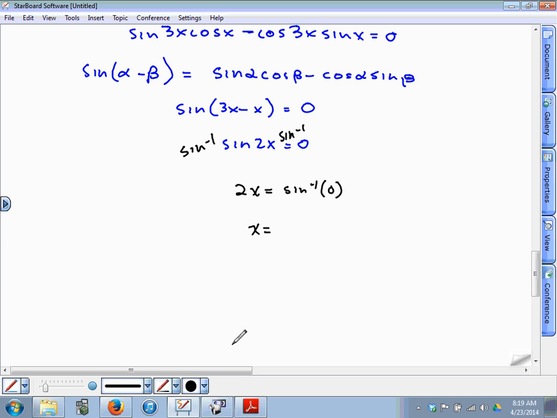0 and pi: x equals 0, x equals pi. We actually don't need 2 pi because we're going to take care of that. So that's your 2x. 2x equals 0 plus 2 pi k. 2x equals pi plus 2 pi k.